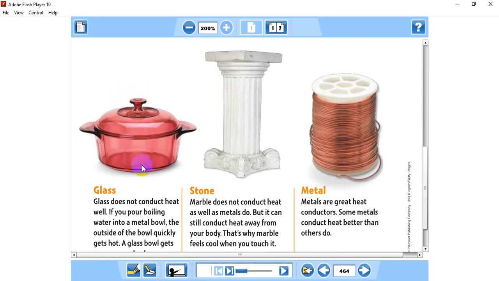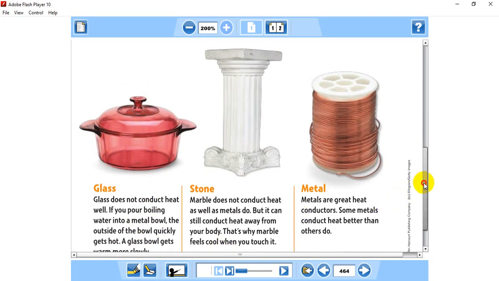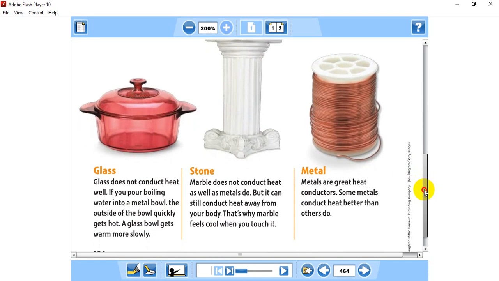Okay guys, so a glass bowl gets less energy, or less heat, or what we mean is a glass bowl gets warm more slowly. What about the marble here? The marble is the same as the glass. The marble feels cool when you touch it. Why do you find it cool?